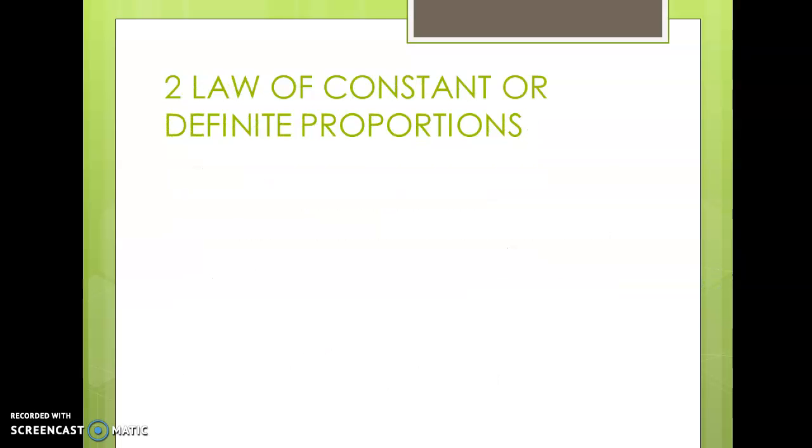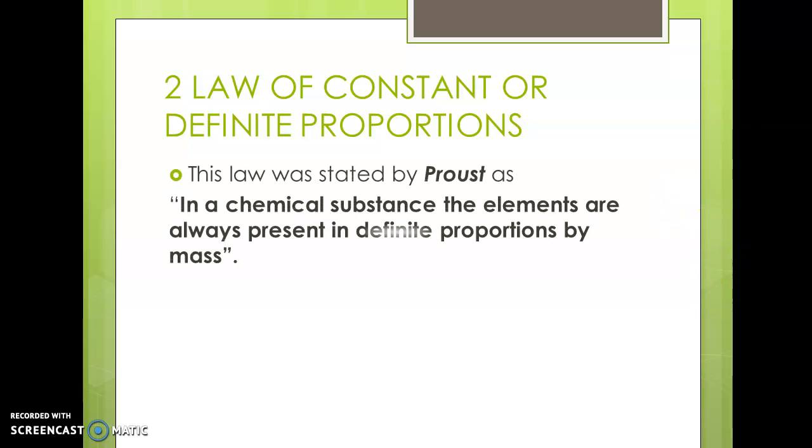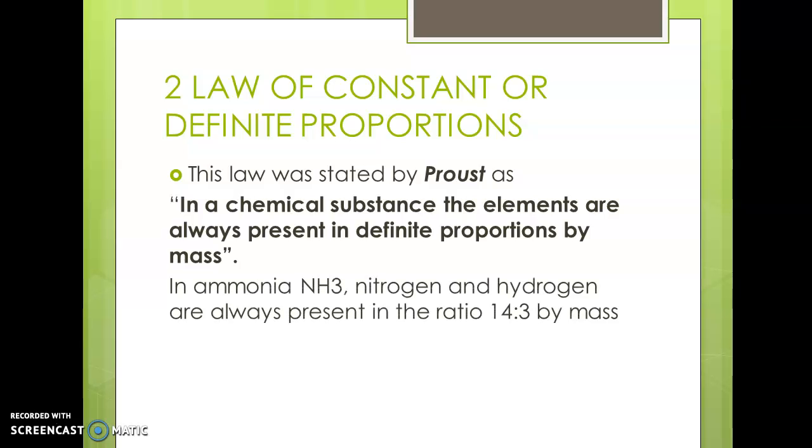And the second law is stated by Louis Proust, that is the law of constant or definite proportion. What this law states is that in a chemical substance, the elements are always present in a definite proportion by mass. Let us understand this law with one example, ammonia. The formula of ammonia is NH3. There are 2 elements, nitrogen and hydrogen, and they are always in a fixed ratio by mass.